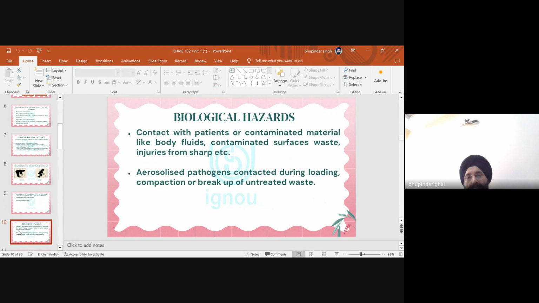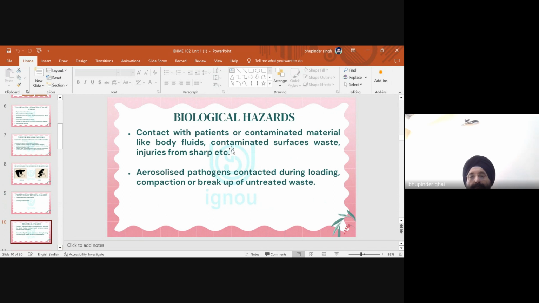Then biological hazard. This is contact with patient or contaminated material like body fluid, contaminated surface, waste, injuries from sharps, etc. This will be a biological hazard because when you come in contact with any contaminated material which has been soaked with body fluid or contaminated waste or injury from the sharp, because most of the time, you can say always, sharps are contaminated with body fluid or blood.